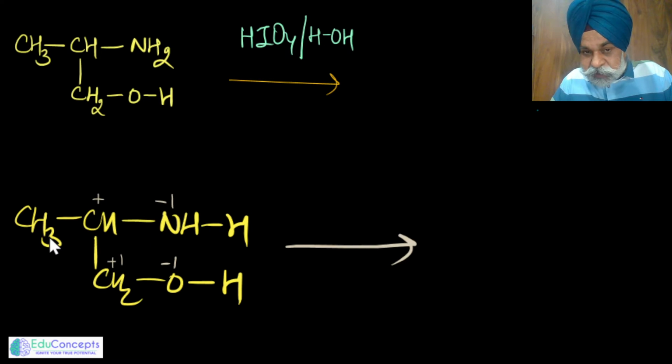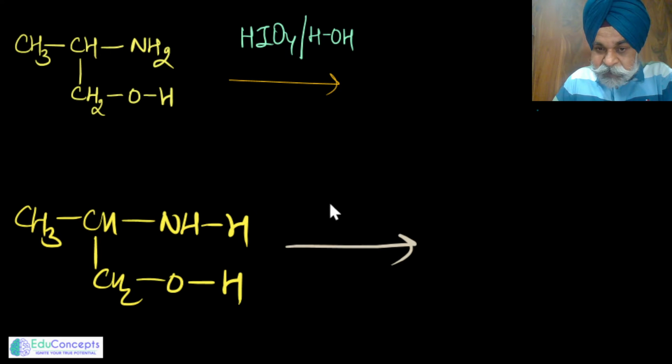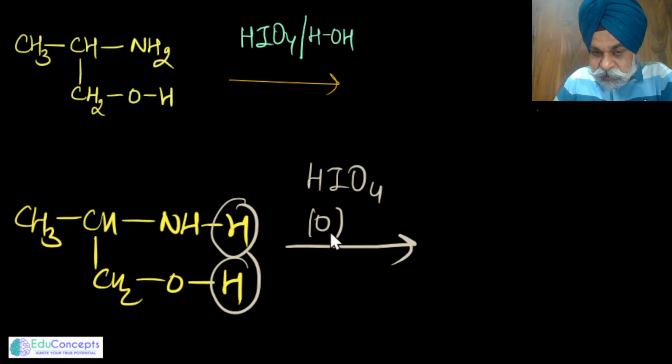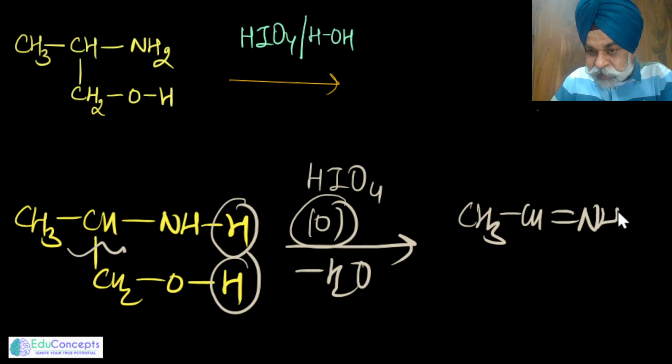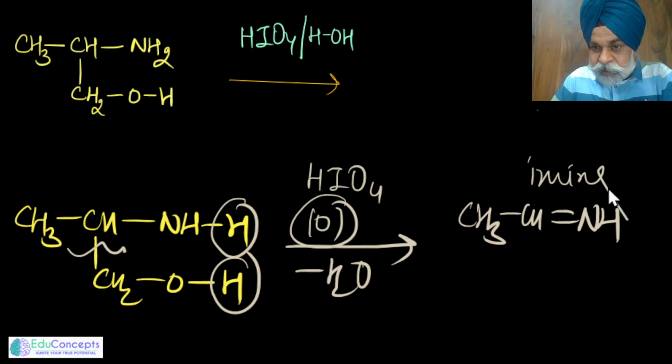So you are going to see the same, that the carbon which is attached to oxygen or nitrogen is carrying a 1 positive charge from that particular bond. So what we are going to do in this case is, this nascent oxygen, this H and this oxygen would go out as water, and you have just broken this bond. As a consequence, what you end up getting is an imine, along with the formaldehyde.